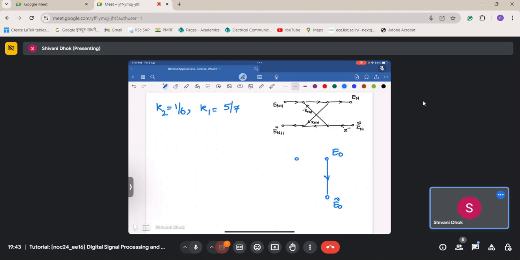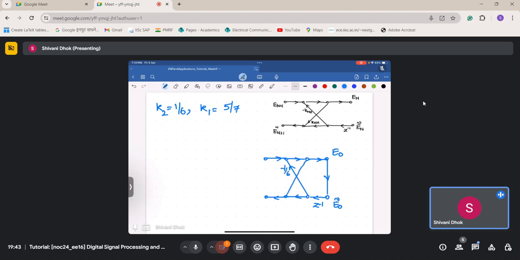This thing will get passed with z inverse like this here, and we'll have arrows in the opposite direction here. This gets multiplied by minus k2, which is minus 1 by 6.